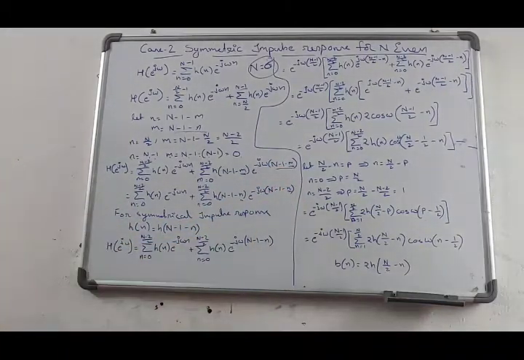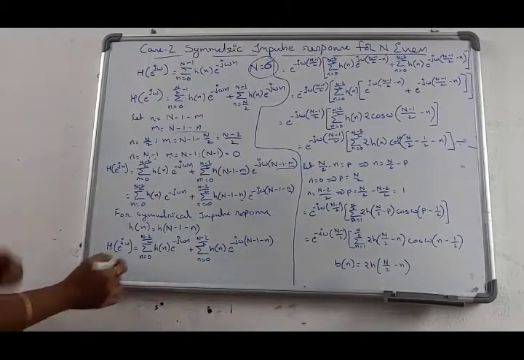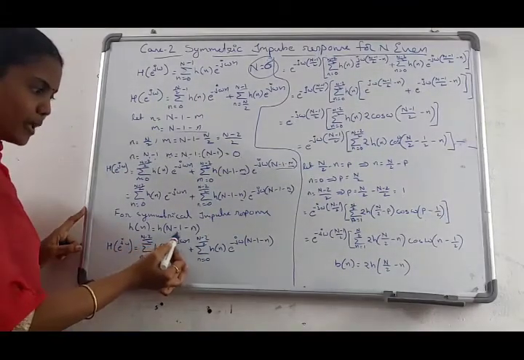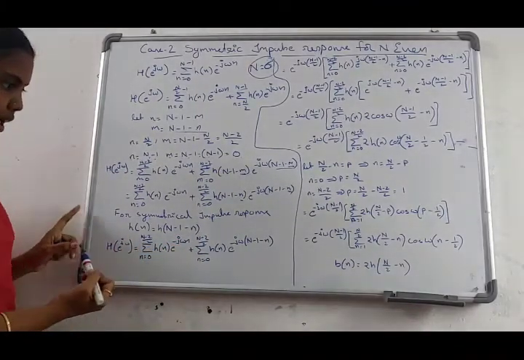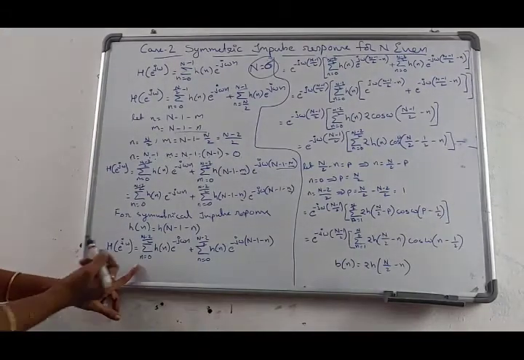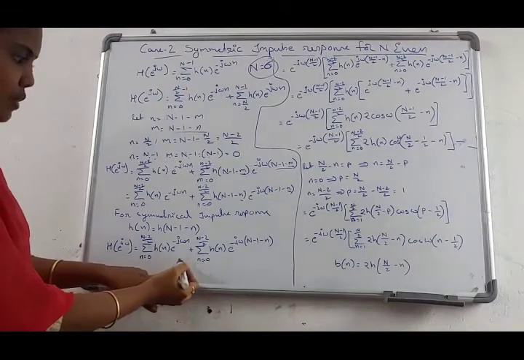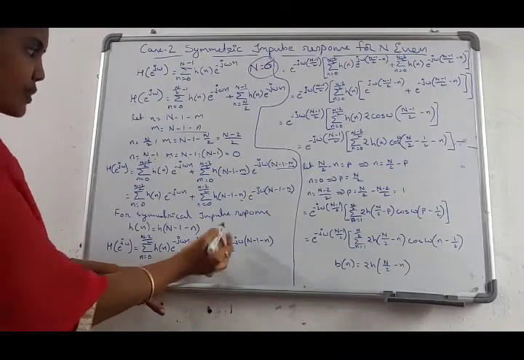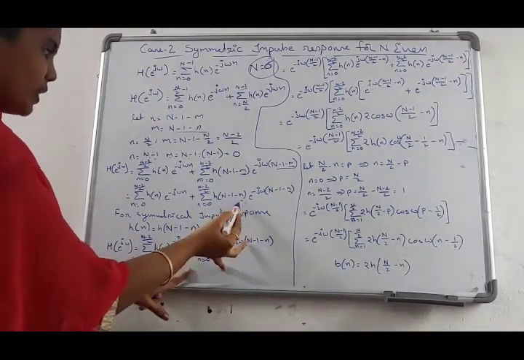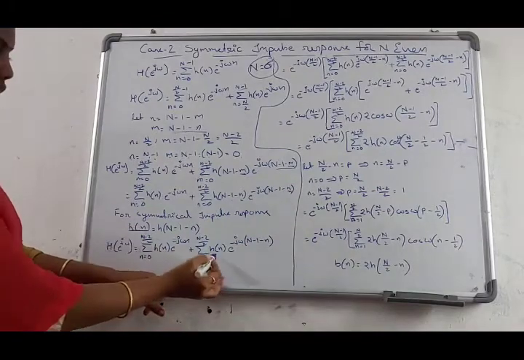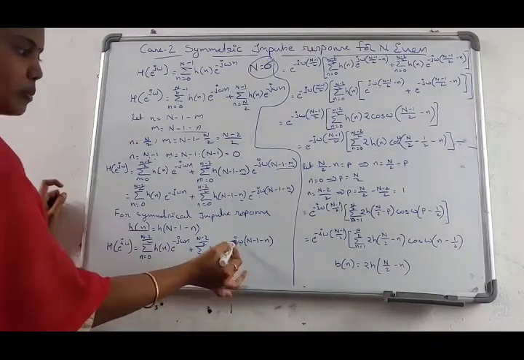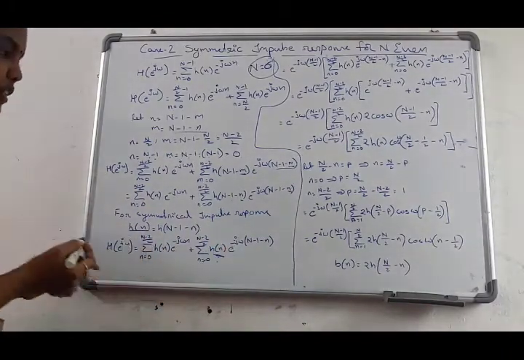Okay, for symmetrical impulse response, h of n is equal to what? h of N minus 1 minus n. So now summation n is equal to 0 to N minus 2 by 2, h of n e power minus j omega n, plus, this N minus 1 minus n you have to write as h of n here: h of n e power minus j omega N minus 1 minus n.